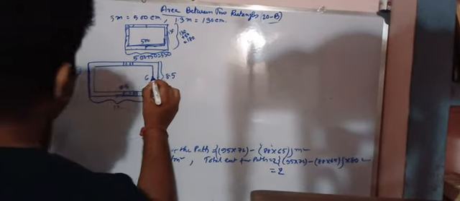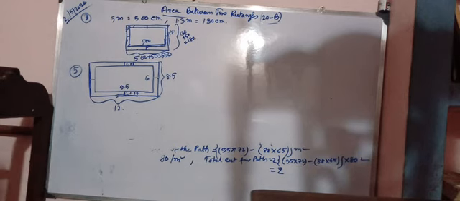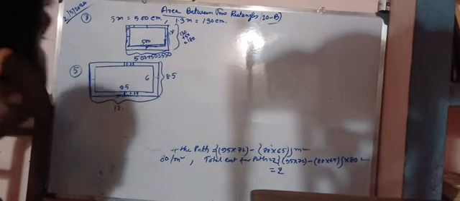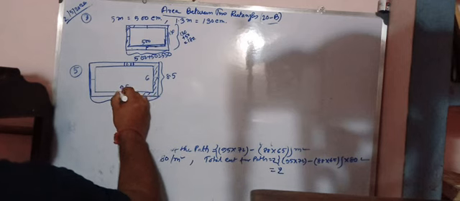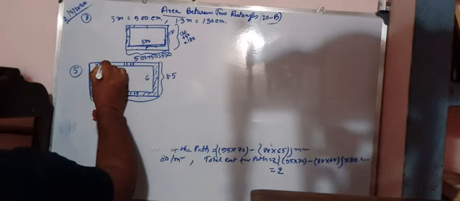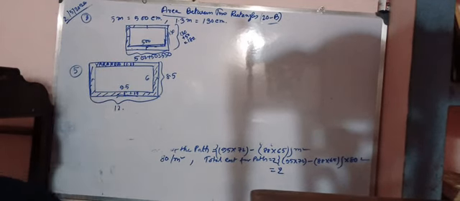This is 1.25. This is 1.25. So my inner length and inner breadth we have got. So we can easily find the area of this veranda. This is the veranda. Okay.